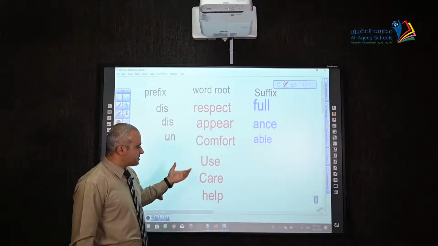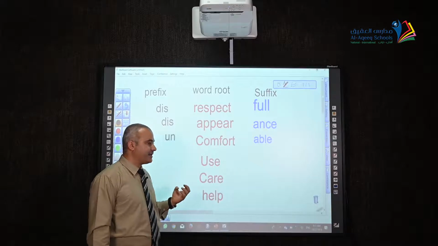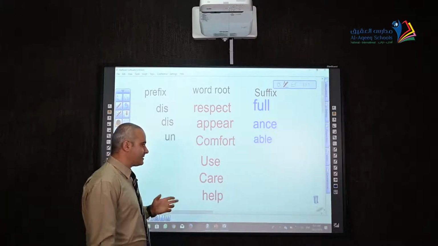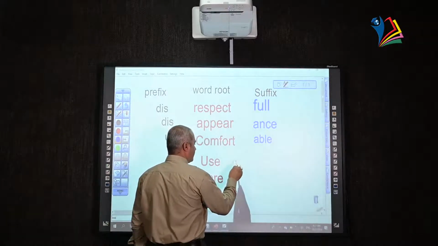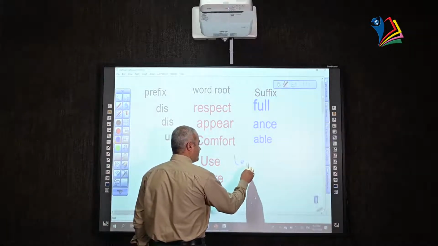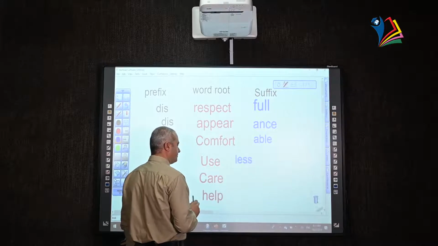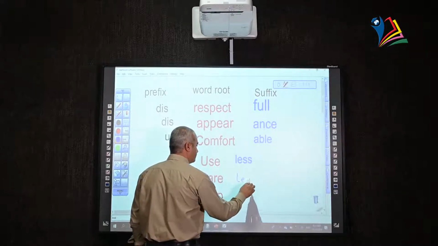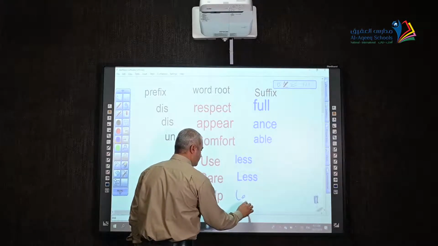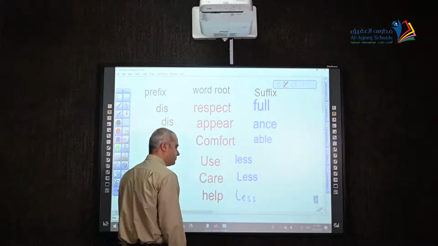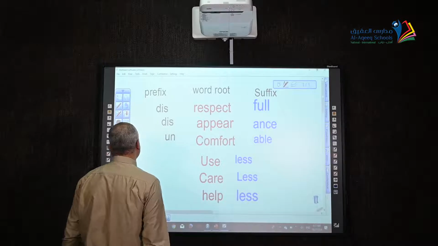Also we have these verbs: use, care, help. We can add a negative suffix like the suffix less. We can say useless, careless, this is the opposite of careful, helpless. Okay.